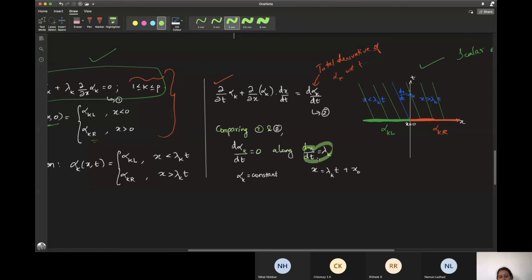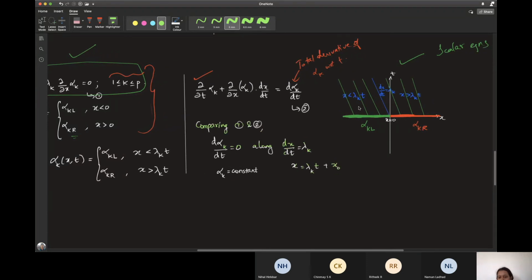So now x equals lambda k t plus some constant x naught. So in this plane, this is your x axis, and this is at t equals 0. Here you have an infinite number of values for x, and each x naught can be anything. Let's say this is your x naught now.